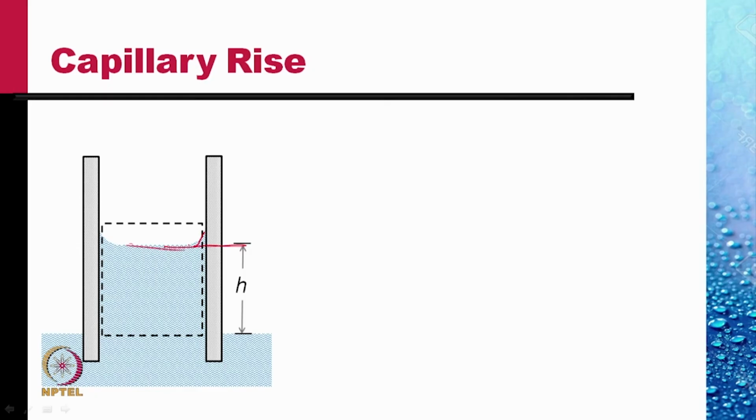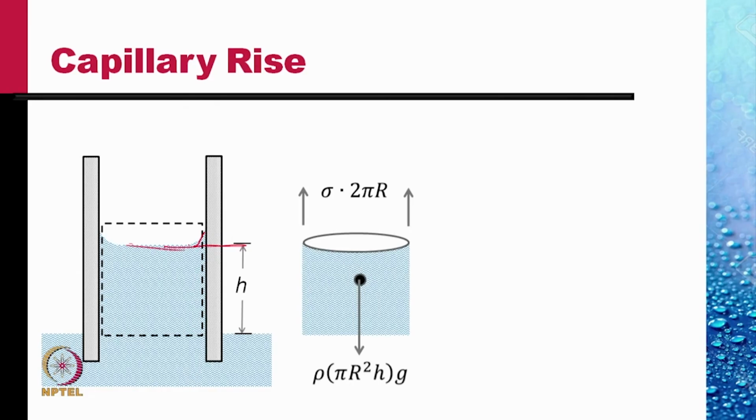We consider the free body of this fluid. This free body is shown here. Clearly, the pressure at this point is the same as the pressure at this point, the same level in a liquid connected with the same fluid.